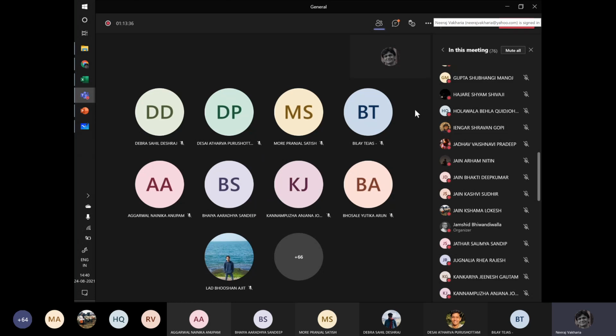When we are writing the specification for curtain glazing, we'll write providing and fixing curtain glazing of so and so particular glass. There are types of glass, UV resistant and so on, so we have to mention that. There will be some insulating property; since you're using it, you should explore that material.